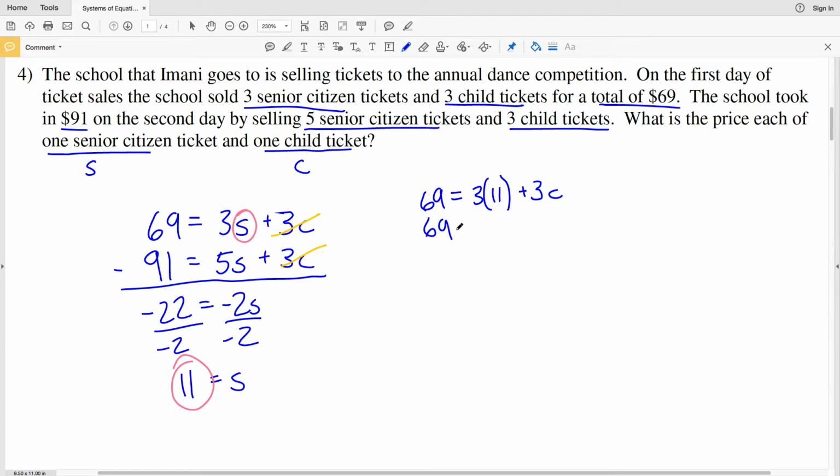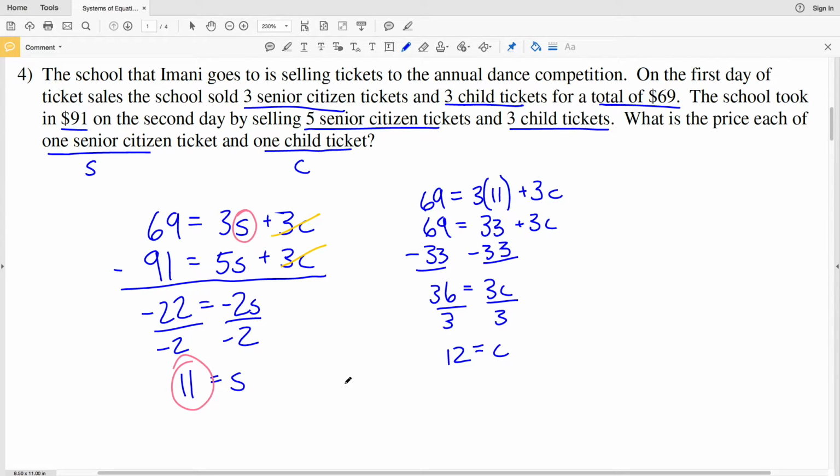So that's 69 equals 33 plus 3 times c. So I'll subtract 33 from both sides to get that 36 equals 3 times c. And when I divide both sides by 3, we'll get that 12 equals c. So 12 is the cost of a child ticket.